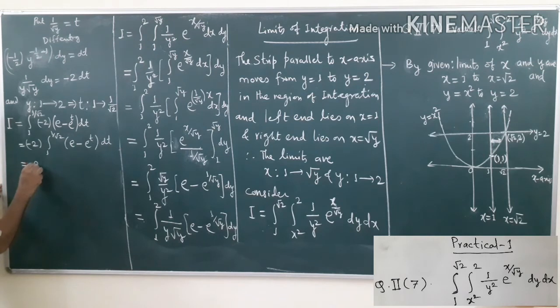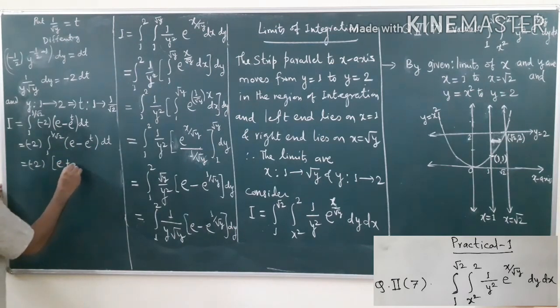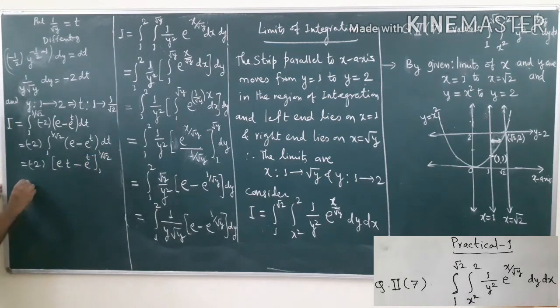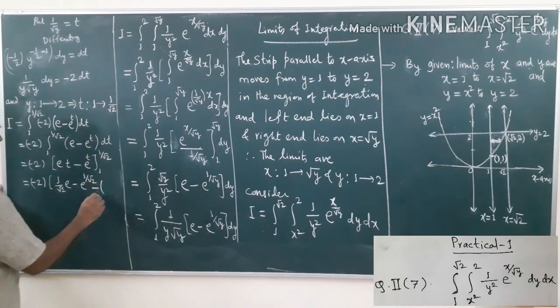So, this is equal to minus 2 into e into the integral of e with respect to t, which is e into t, minus the integral of e raised to t, which is e raised to t, over 1 to 1 upon root 2. Now, put the limits. So, minus 2 into, upper limit 1 upon root 2, so 1 upon root 2 into e minus e raised to 1 upon root 2, minus, I will put in again a bracket.